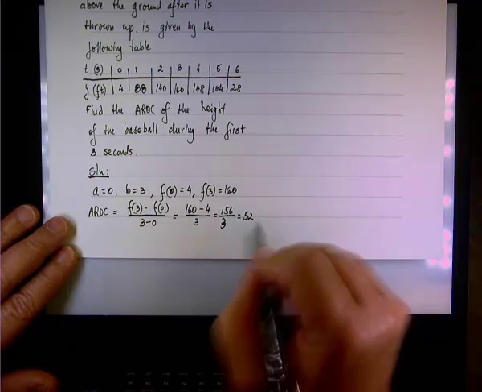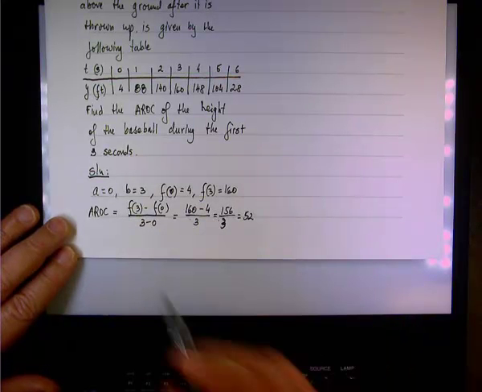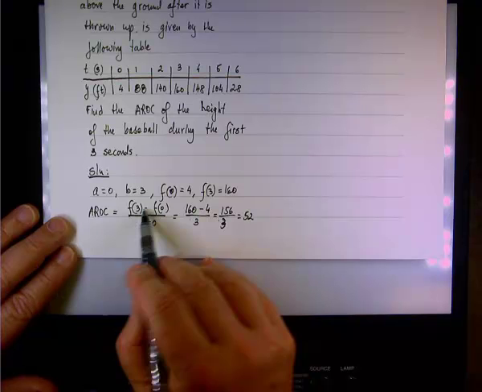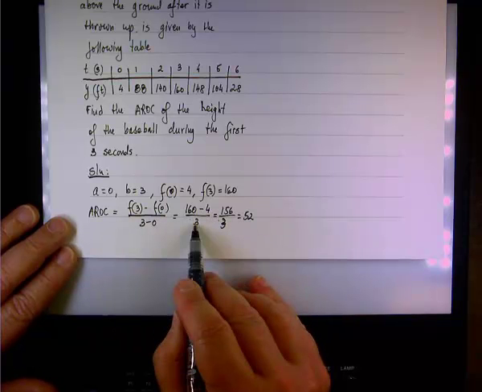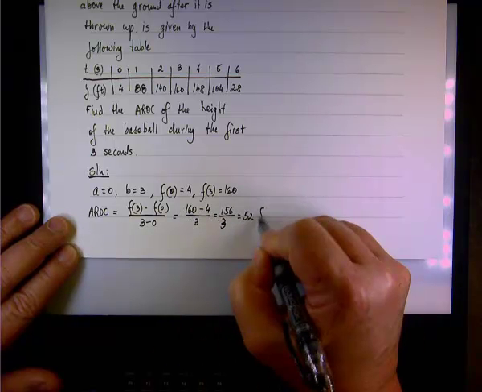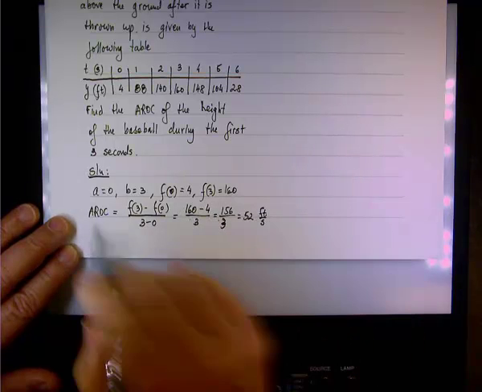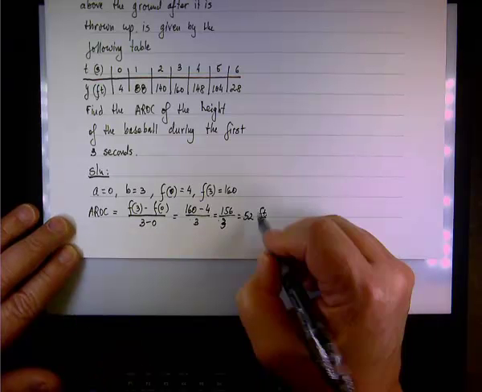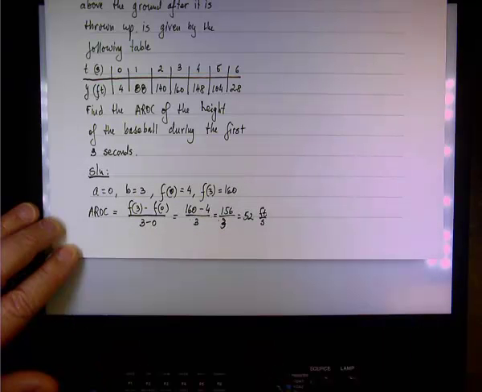So we have 52, and the units, because we have height and time, so we have feet and seconds. The unit will be feet per second, and it turns out the average rate of change of the height is the velocity.